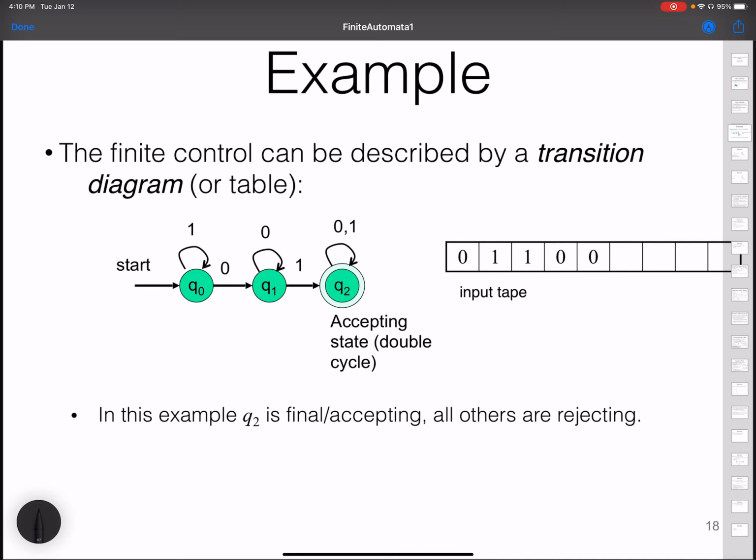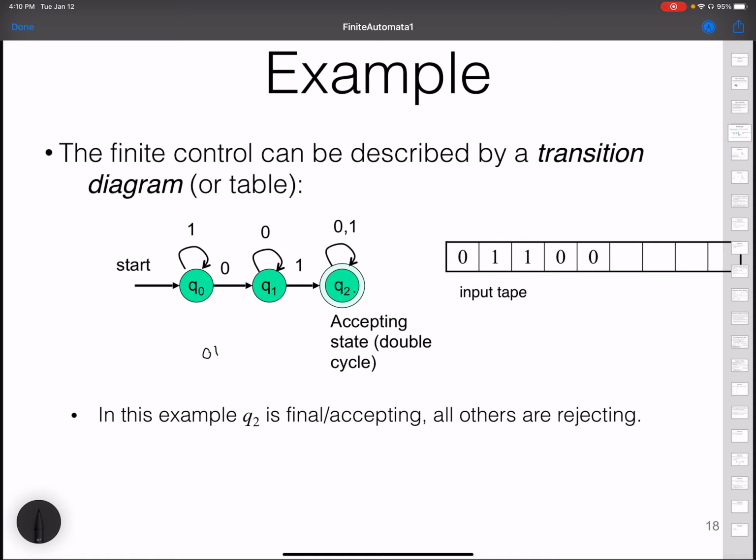If you play with a couple of examples, you will see that for any input string that you pass to this finite state, if the input string has the pattern 0, 1, starting from Q0, it will end up in Q2, right? And it will never leave Q2 after that.